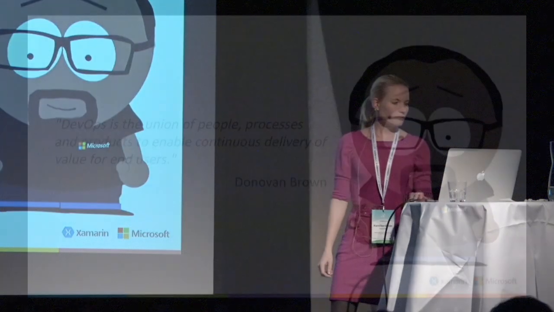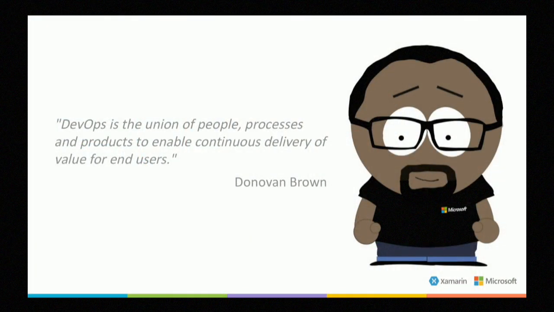So DevOps is the union of people, processes, and products to enable continuous delivery of value for end users. And what I really like about this is that developers, we usually think about, well, okay, we deliver a new feature, we deliver a bug fix.